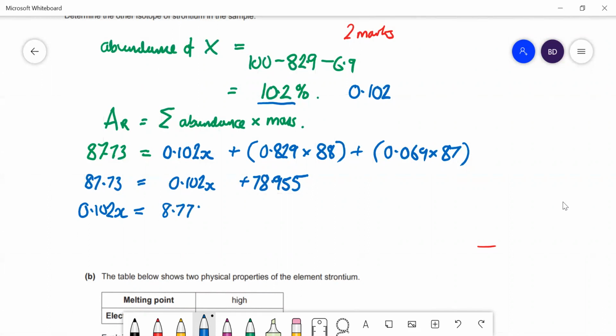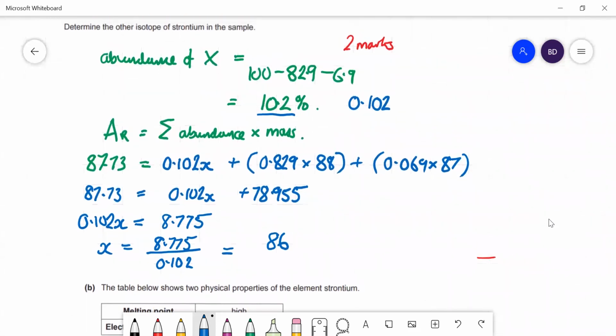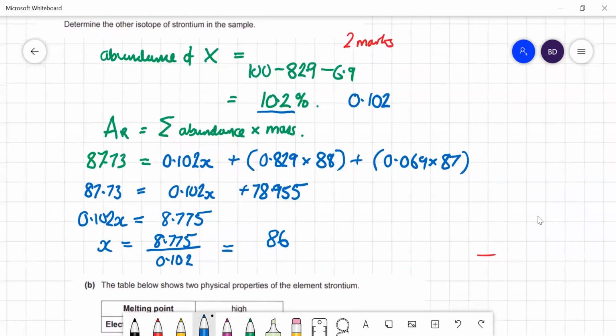Just subtract those two, and then x is equal to 8.755 divided by 0.102, which gives us 86. So the mass of the other isotope is 86.